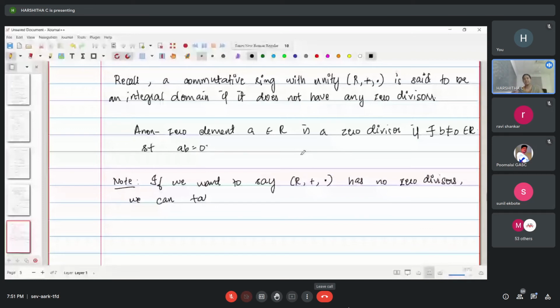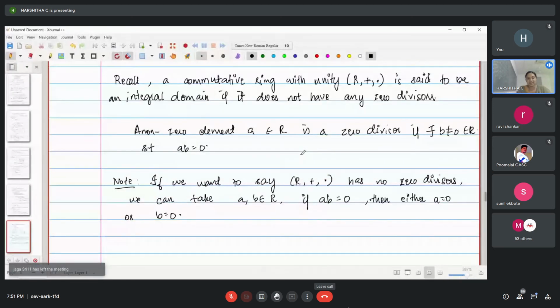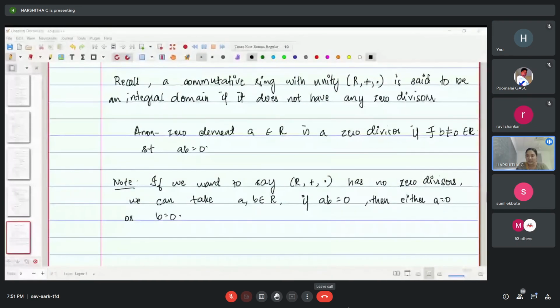So in school, when we solved equations and got something into something equal to 0, like x minus 3 into x minus 2 equal to 0, we always took that either x minus 3 is 0 or x minus 2 is 0. So what we were doing all the while is saying that real numbers do not have zero divisors.